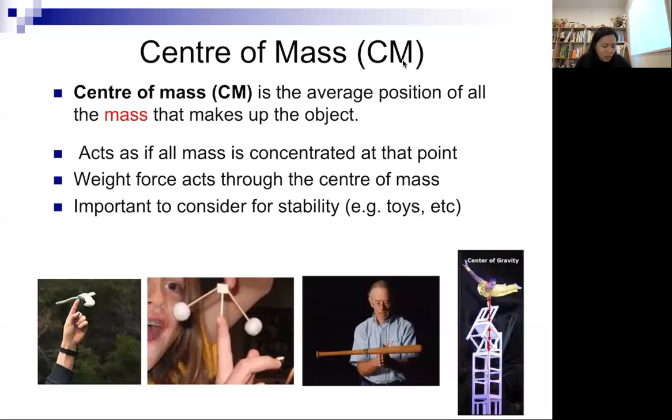And that's why we can consider it as a single point, because say the whole mass of this thing is concentrated at this point. So we'll just look at the effect of the force acting about this single point. Okay. So how do we find the center of mass?